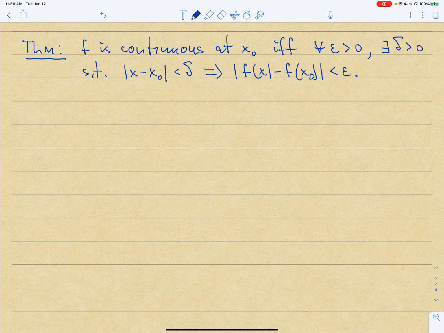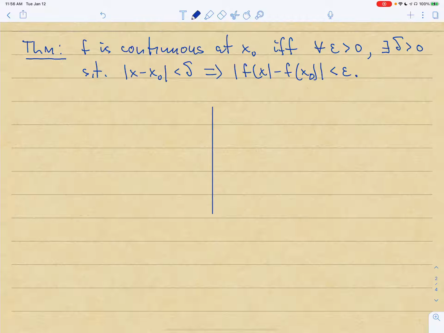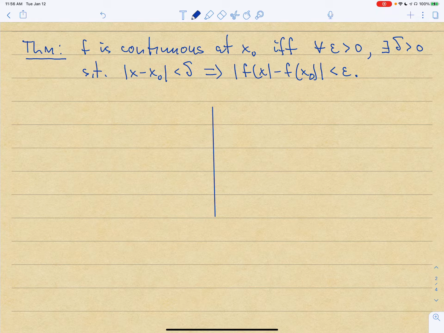Now, again, this should be a fairly intuitive definition. Let me illustrate it with a picture. We have a set of coordinate axes. We have some function f.